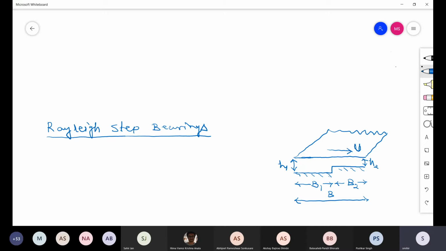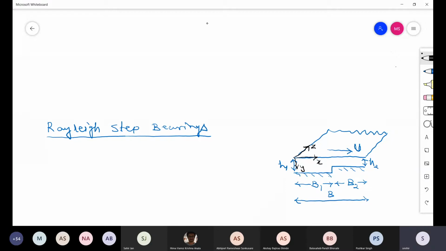So if you are going to solve this bearing, this is the coordinate system. Okay.